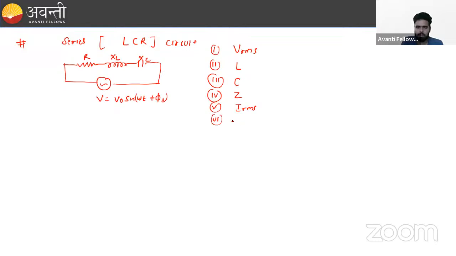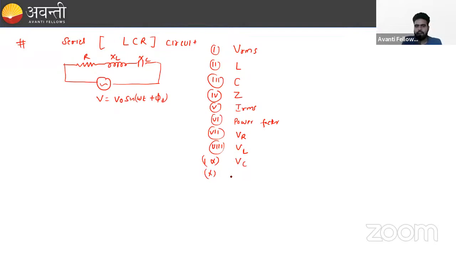Sixth, find the value of power factor. Next, find the value of VR, voltage across the resistance. Next, find the value of VL. Next, find the value of VC.